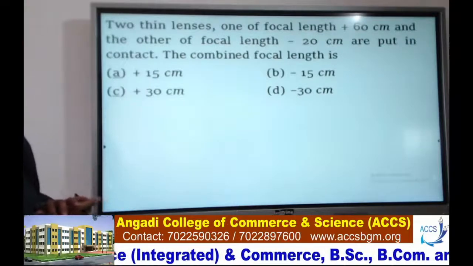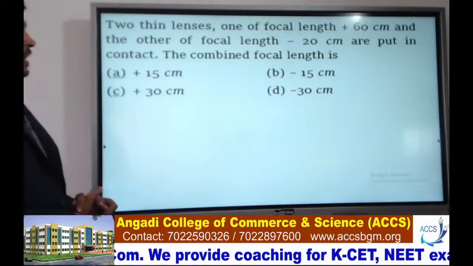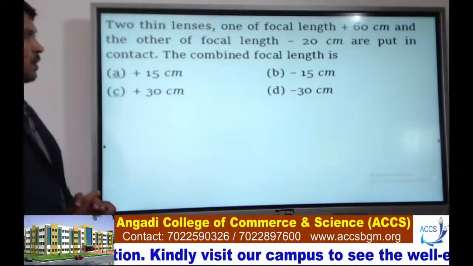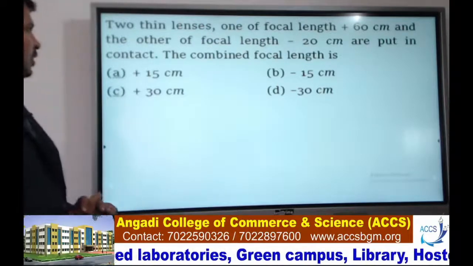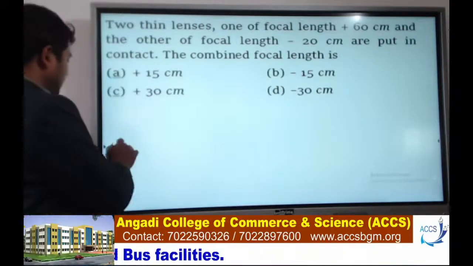I'll move to the next one. Two thin lenses, one of focal length 60 centimeter and the other of focal length minus 20 centimeter, are put in contact. The combined focal length is again a simple problem.